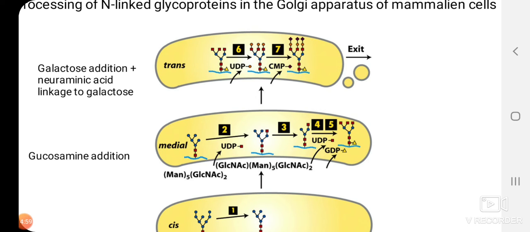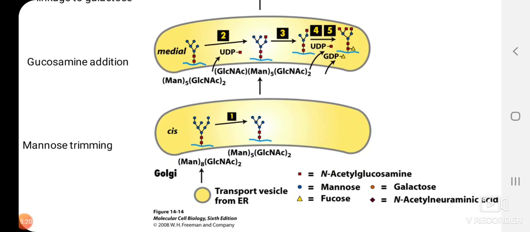Once the complete processing of the sugar tree is done, the polypeptide chain, or I can say the functional glycoprotein molecule, can exit in the form of a vesicle, get through the trans-Golgi network and go through the secretory pathways.